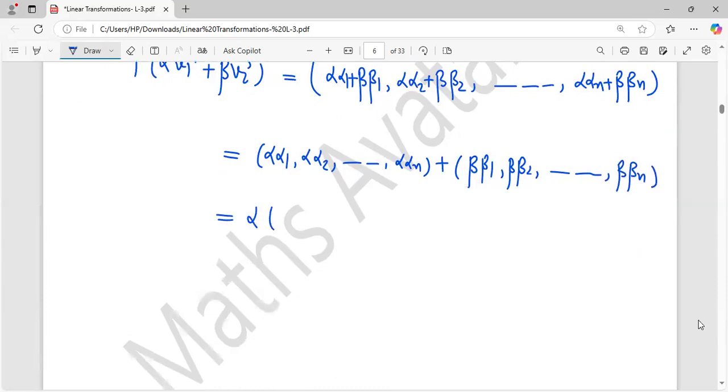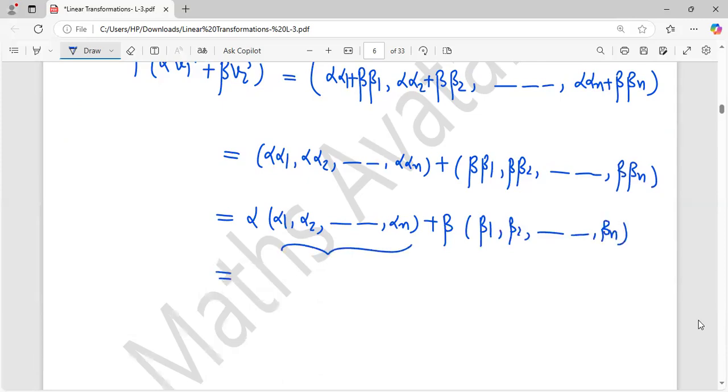You can write it like that. So what is this? This is nothing but T(v1'). And what is this? T(v2').